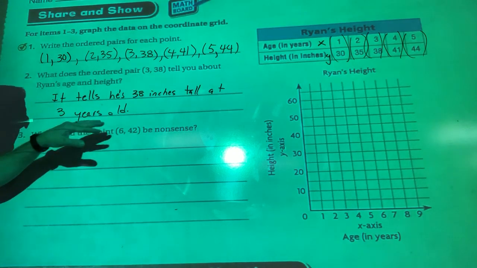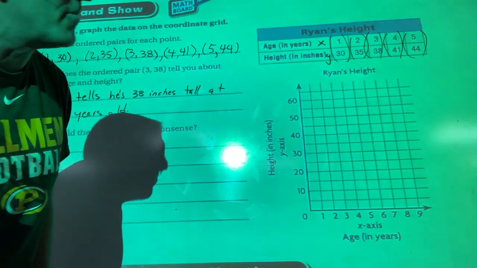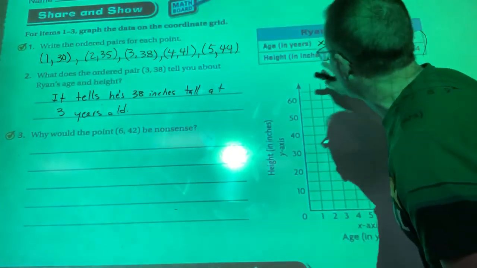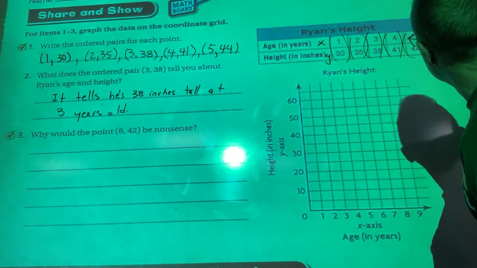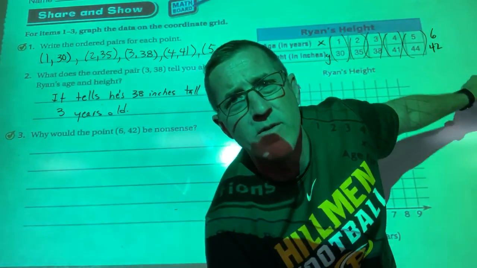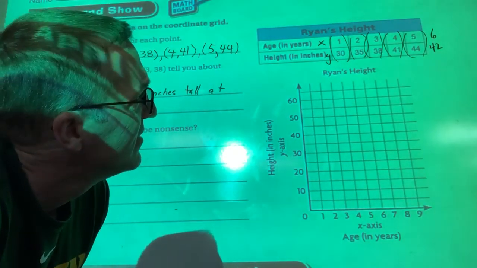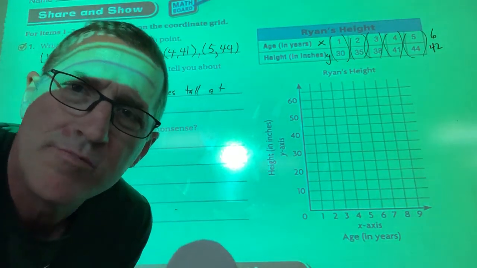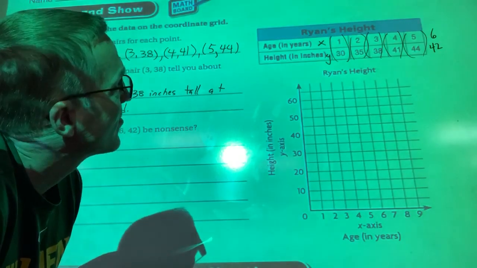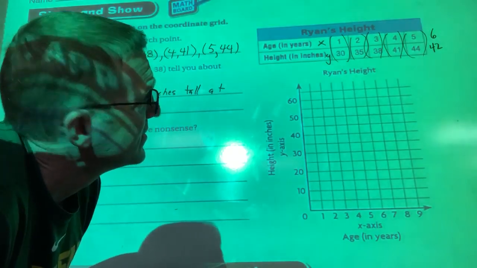Okay, why would the point 6, 42 be nonsense, right? So I'm going to add a note over here on this side. It's telling me that 6, 42 is nonsense. Go ahead, write that up there. Take a look at that. Does that make any kind of sense? 6, 42. Well, it does make sense to me that he would go from 5 years old to 6 years old.